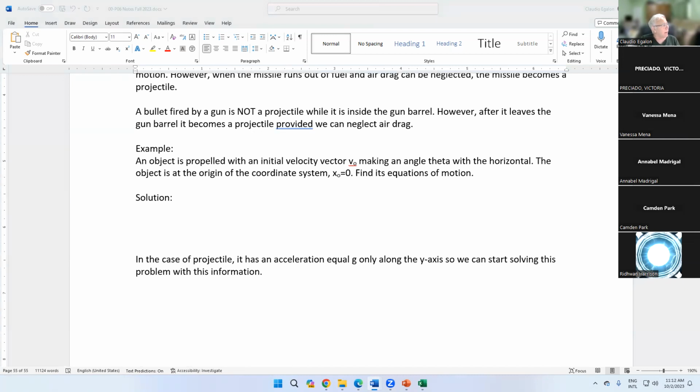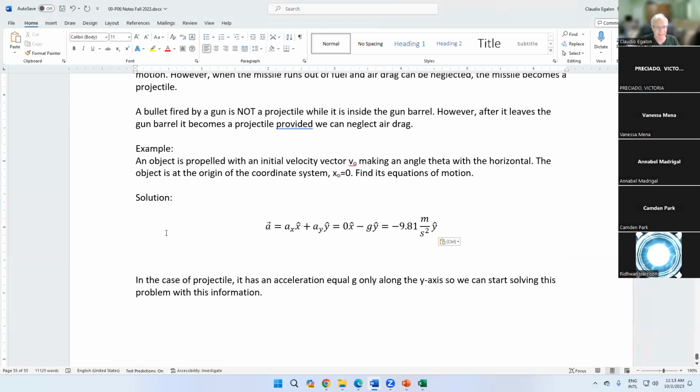How do we do that? We start with what we know. I already told you by definition that projectile motion is accelerated motion along the y-axis. There is no acceleration along the x-axis. That's why I put 0 here. But there is acceleration along the y-axis, and the acceleration vector is downwards, minus 9.82 meters per second squared.